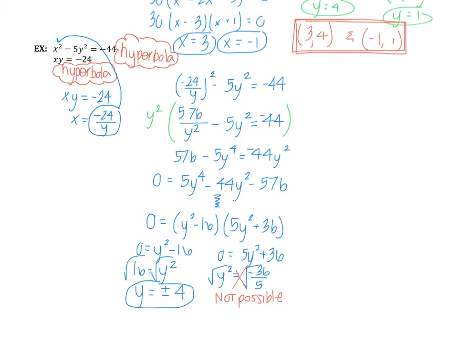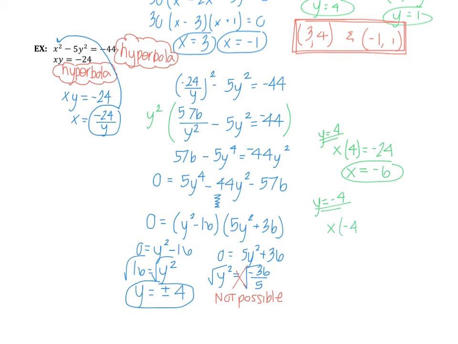Well, let's figure out what the corresponding x values will be. If y equals 4, going to my equation, that would be x times 4 equals negative 24. I'm getting x to be negative 6. If y equals negative 4, that's my other option.